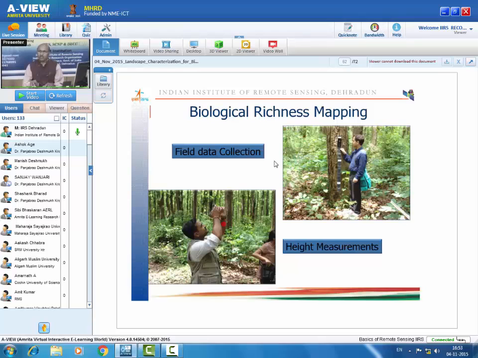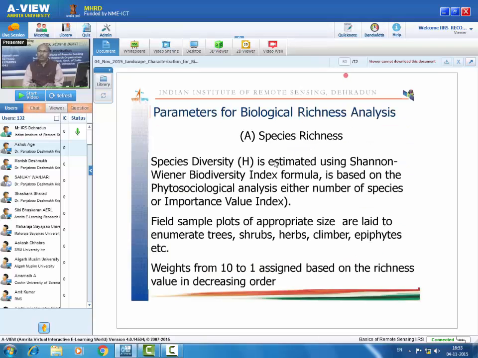These are the field data collection procedures to find out the height and girth and many parameters and species name. For species richness, you must have heard about the Shannon-Wiener index. We follow that formula and we can find out the species richness in different areas. But more importantly, you can also do the phytosociological analysis to know the species importance. That means what you call the importance value index.